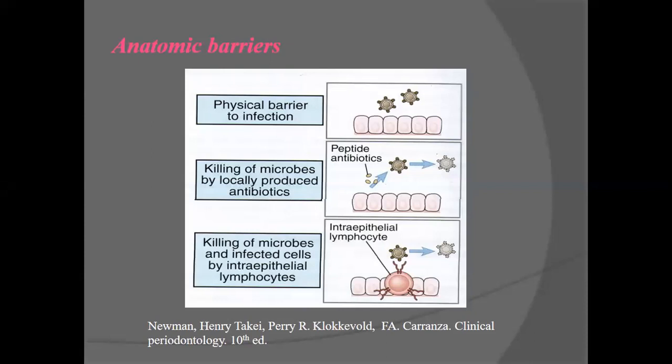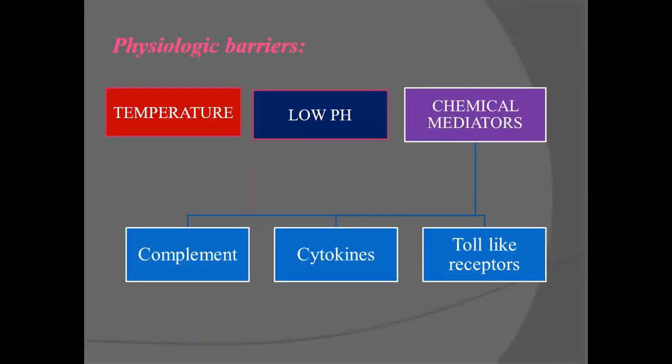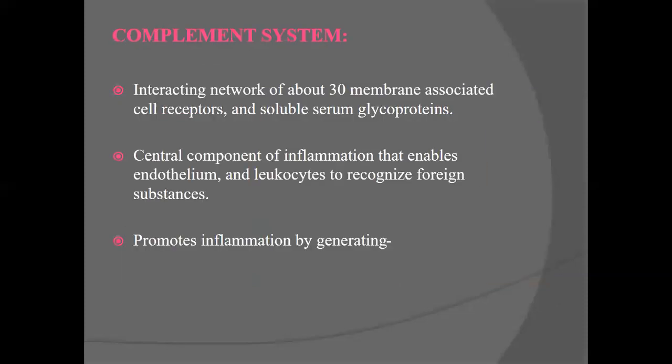Anatomic barriers, epithelium, most important is epithelium. Physiologic barriers like temperature of your body, the low pH. Chemical mediators, you have got complements, you have got cytokines, you have got TLRs. Complement system, I think you all know that it is 30 membrane associated cell receptor proteins.